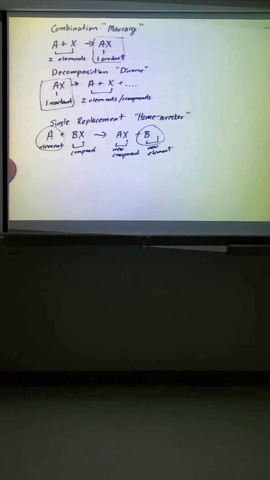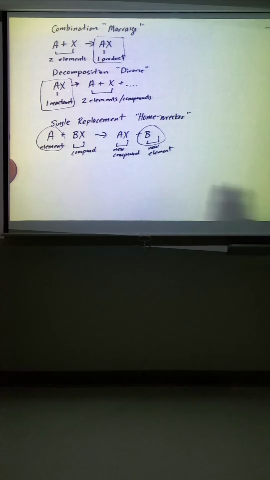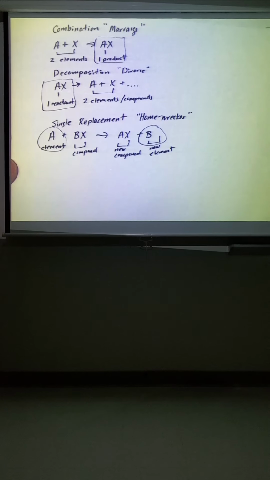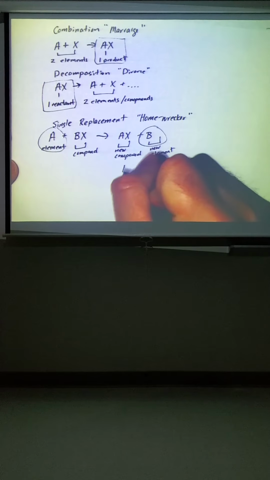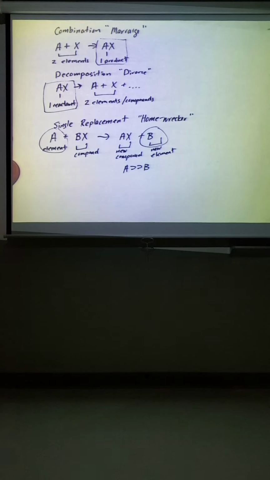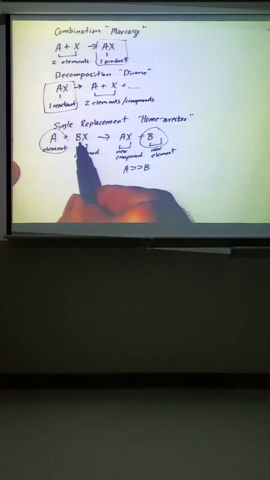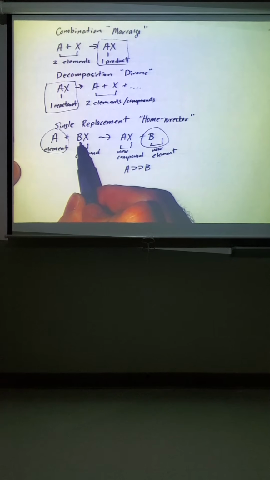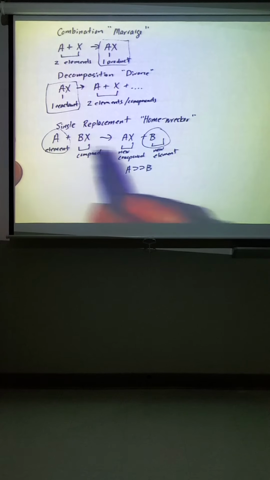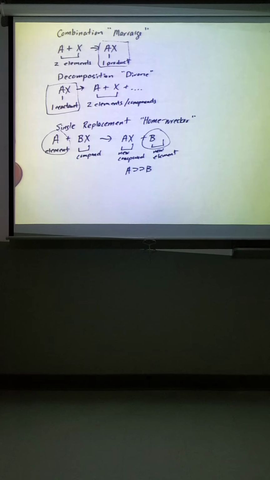So as we get to this reaction later on, we need to worry about when will this actually happen, because it doesn't always work. It's going to happen when A is better than B. And that happens in real life. If you're married to B, whoever they are, and A comes along that's better, got a fancier car, job, who knows, that would be a better match.